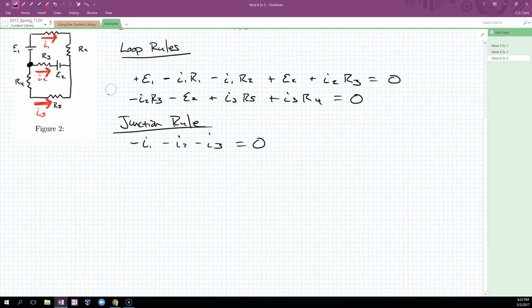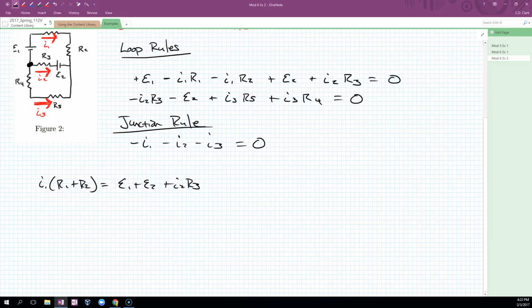So let's do that. The first loop rule, I'm going to rewrite to get I1 written in terms of I2. So I'm going to do a little bit of algebra here. I1 times R1 plus R2 is equal to E1 plus E2 plus I2 R3.